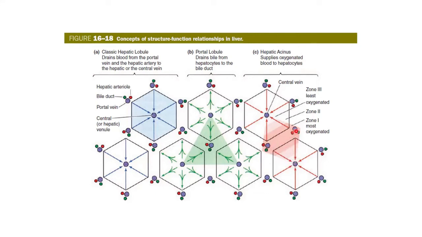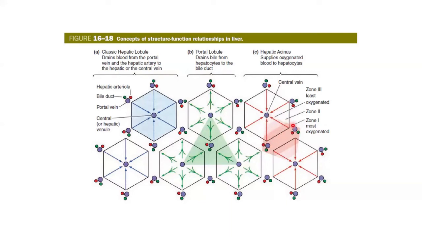And these areas are divided into 3 zones. Zone 1 is very rich in blood oxygen from the hepatic artery and very rich in nutrients. And as you go to zone 3, they are less oxygenated. So the function of hepatocytes changes according to their zone.